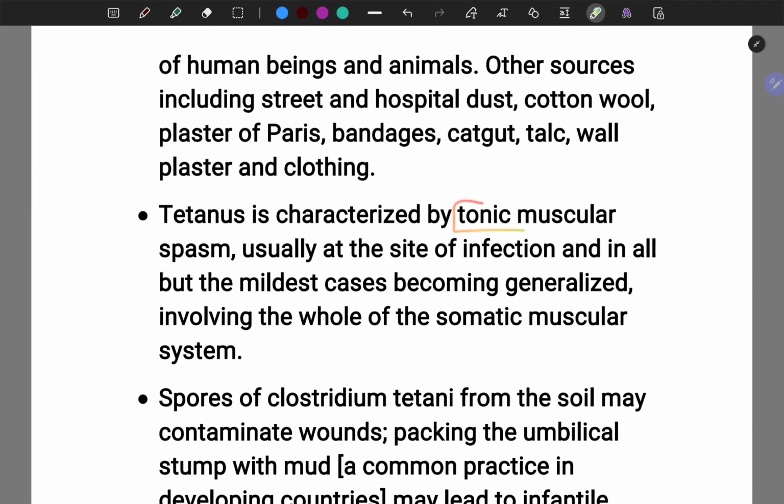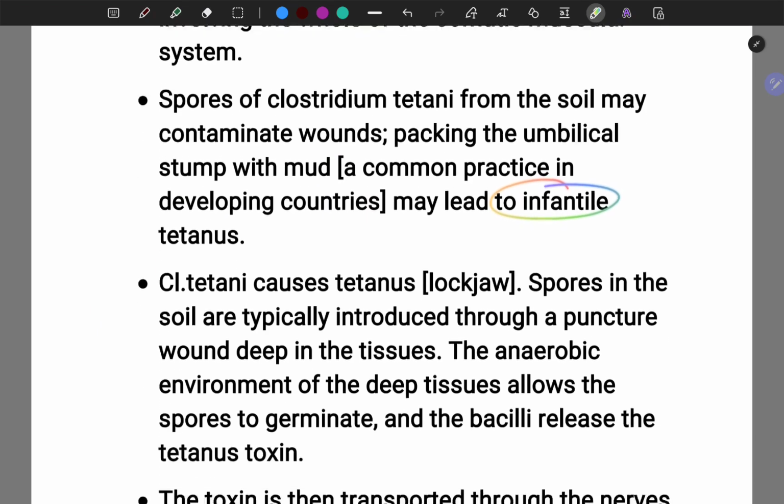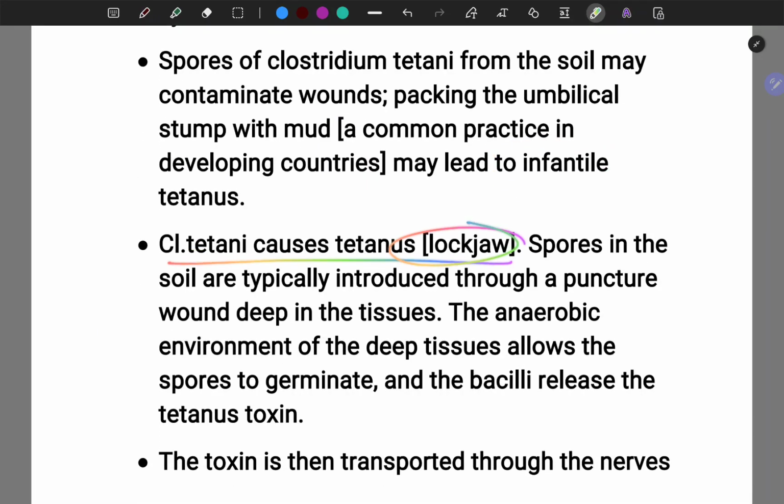Tetanus is characterized by tonic muscular spasm, initially at the site of infection, then it becomes generalized. The spores contaminate the wound, like predominantly the umbilical stump packed with mud. This is a very important cause of infantile tetanus and lockjaw.